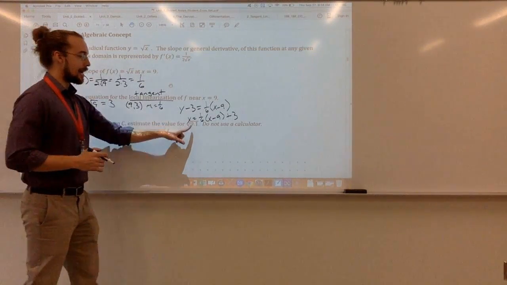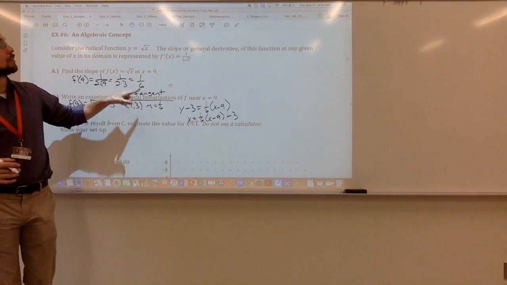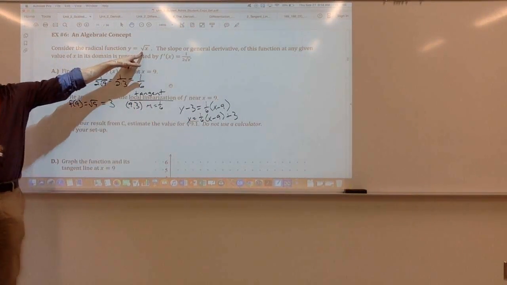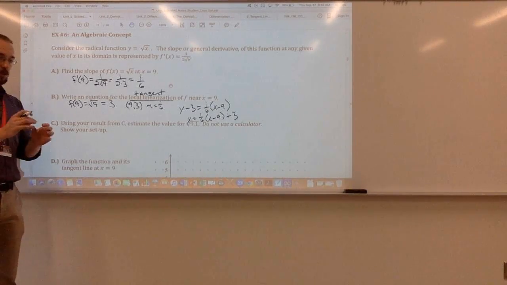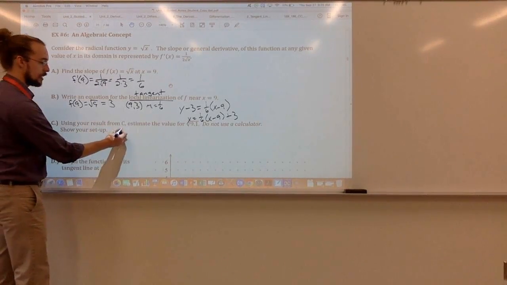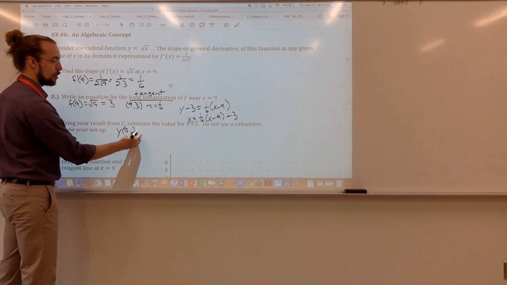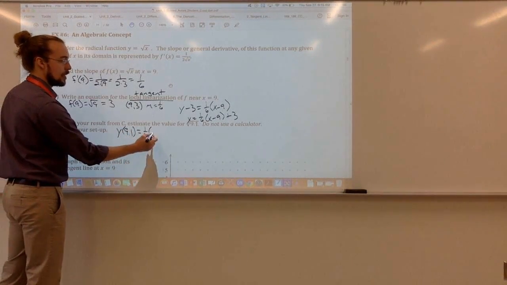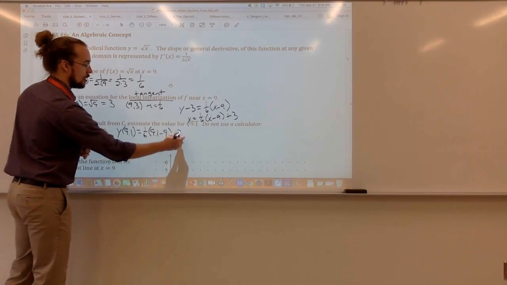I can just plug 9.1 in for x here to estimate what the value would be if I plugged it into my original function. That's the whole point of local linearization. If I zoom in really, really close on a function, it's going to look like a straight line. It's going to be really, really close to my tangent. So I can say y of 9.1 equals 1/6 times 9.1 minus 9 plus 3.